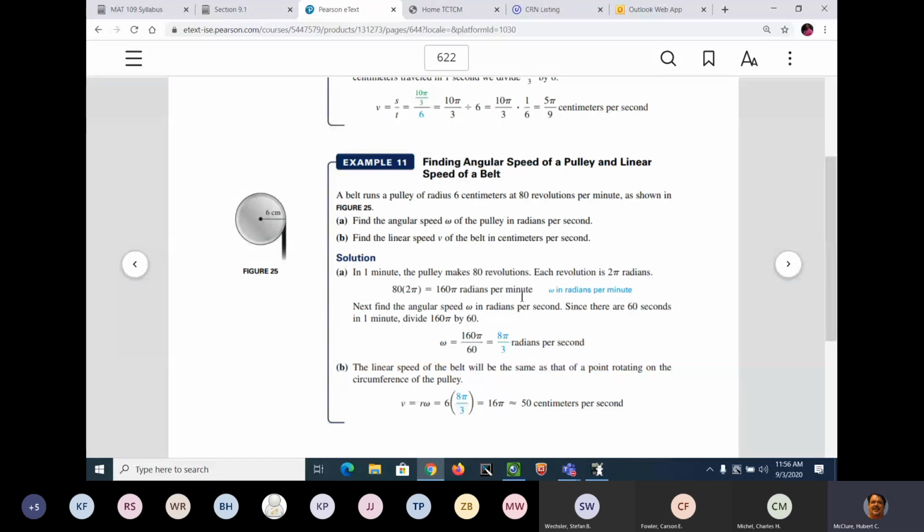Now you got to write that down, although you don't have to. If you got a book with you, all you got to do is highlight this. Usually, if they're asking about revolutions, you're going to multiply that number that they give you times 2 pi, and that's just normal. And that's radians per minute.